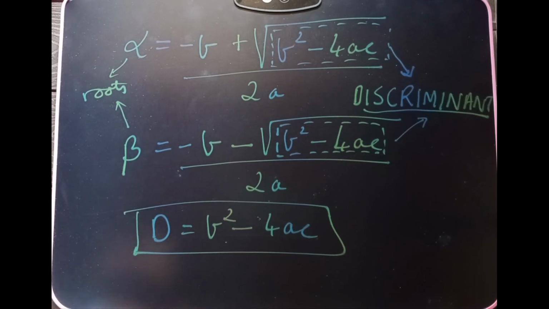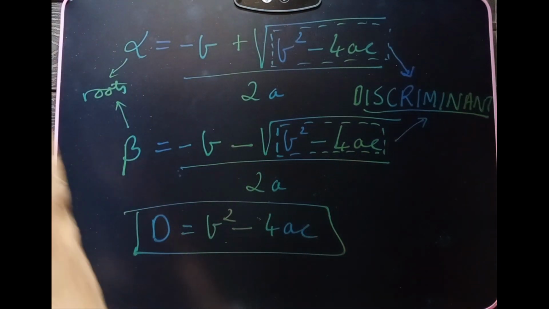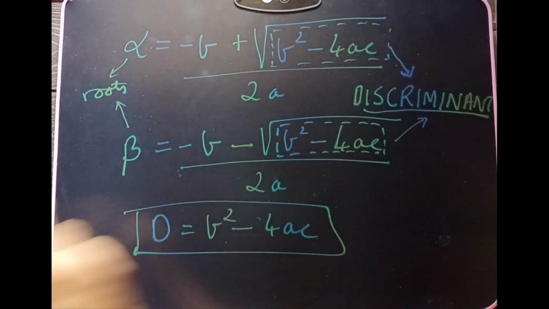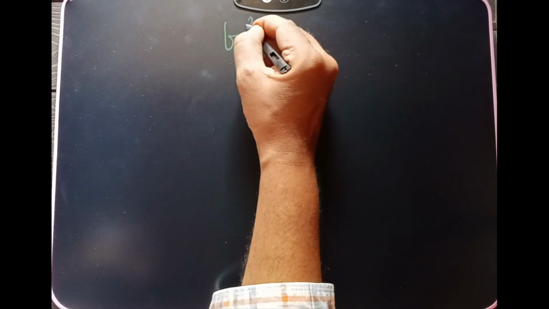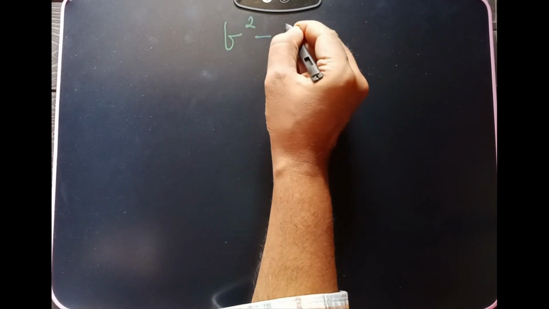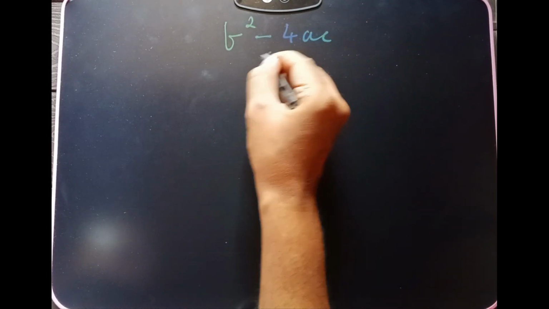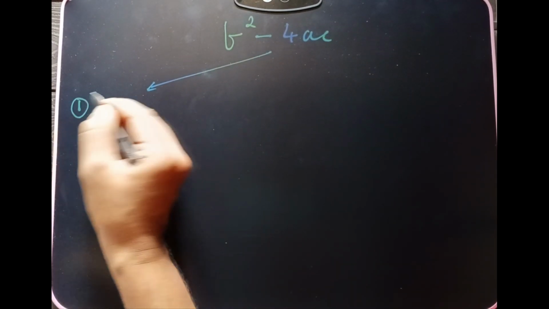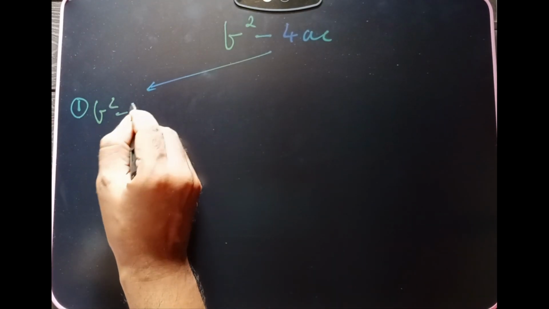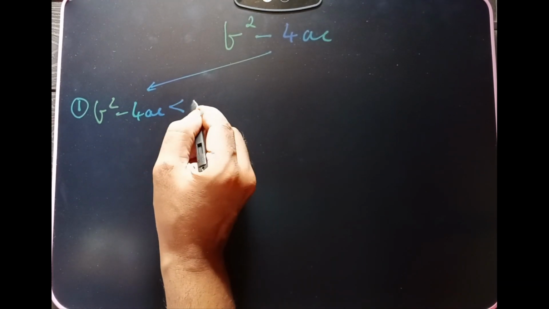Okay, let us see what are the possible values the discriminant can take. Let us see the three cases. The first possibility is that b square minus 4ac is less than 0.